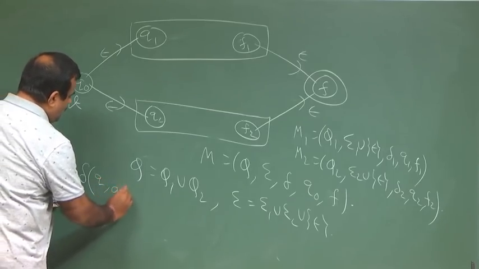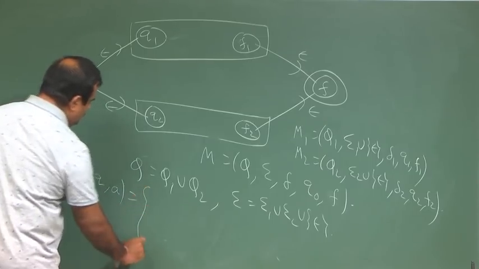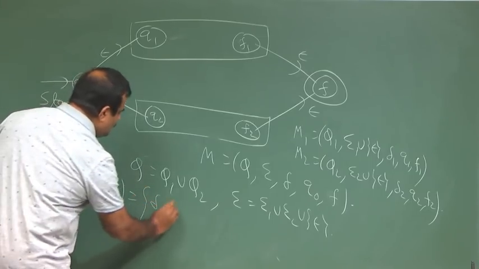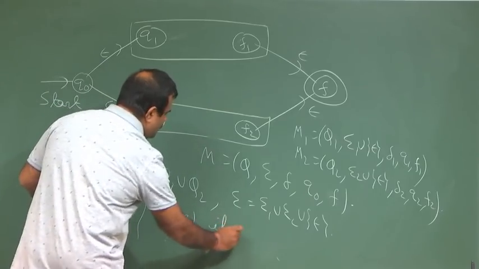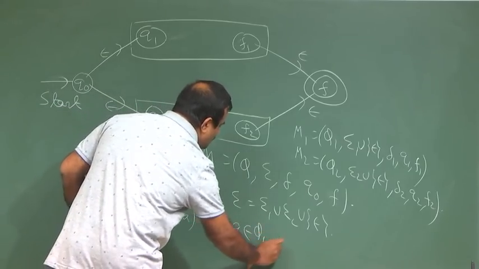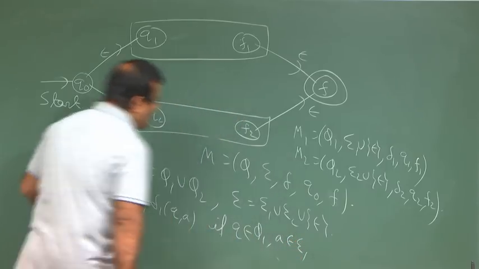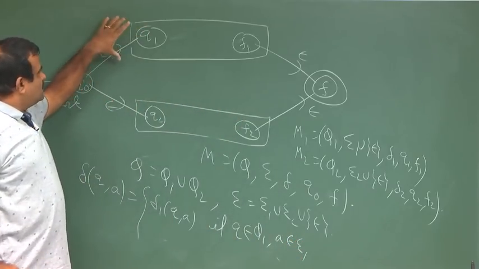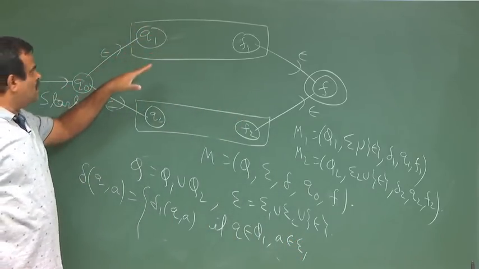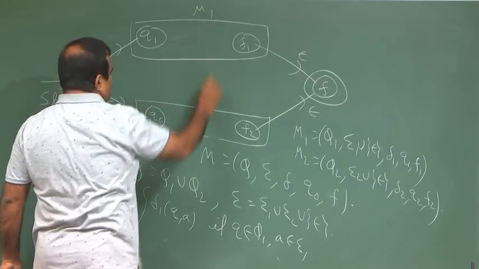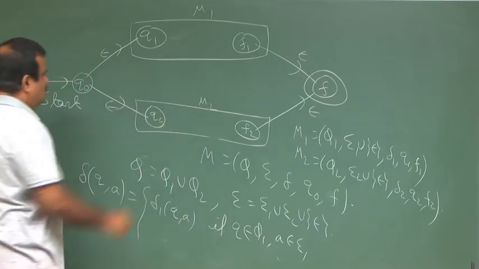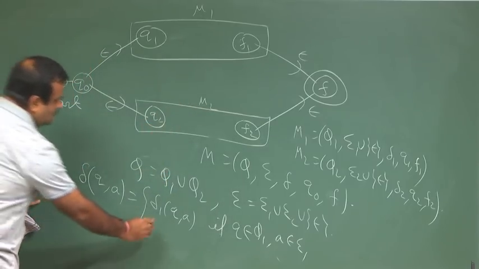of q comma a is equal to delta 1 of q comma a if q is in Q1 and a is in sigma 1. That means, if we take this path, we will follow the transition rule of M1. If we take this path, we will follow the transition rule of M2, and similarly this.